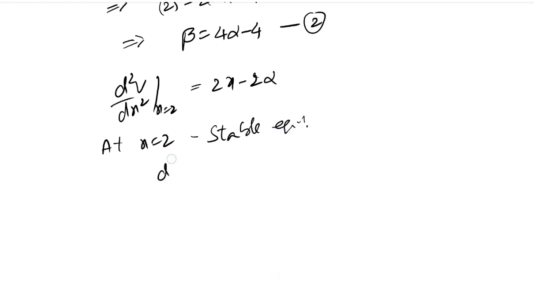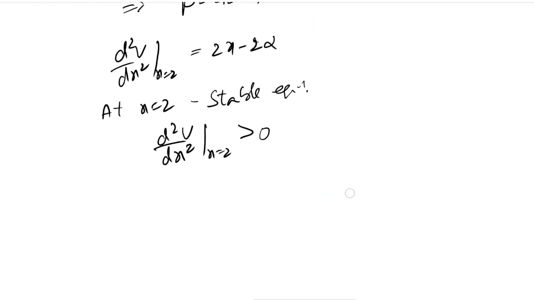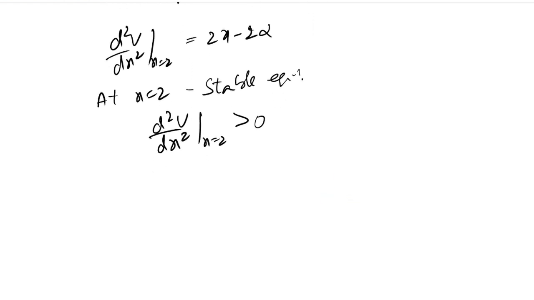So what is the condition for stable equilibrium? d square v by dx square at x is equal to 2 must be greater than 0. This is a positive quantity. Alright, this is the important condition here.